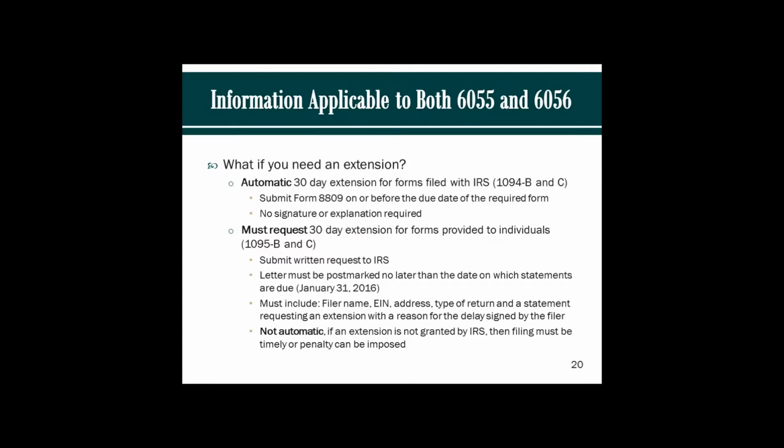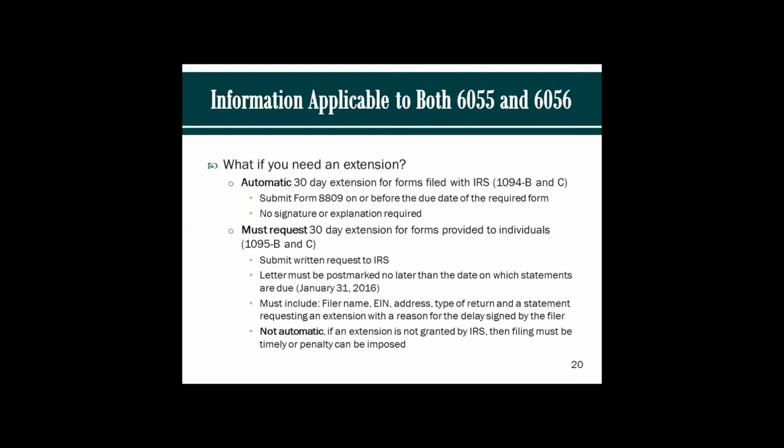And the next thing, we've talked about there's a lot of information. There's a lot of data gathering that you have to do. And previously, the IRS didn't talk about an extension. However, when it gave us final instructions in September of this year, it did include an extension process.